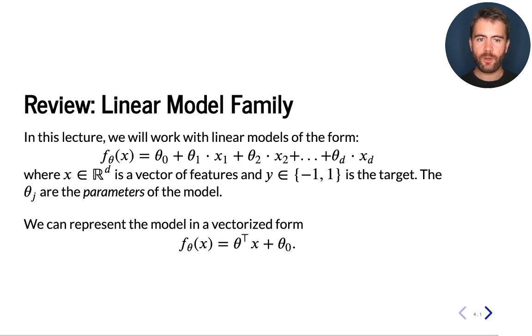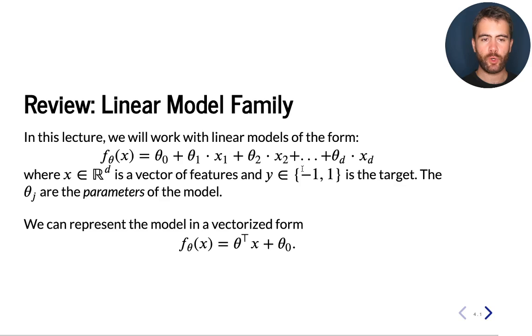The class of models that we will consider are going to be linear models. We will later talk about how we can extend them and make these models nonlinear, but for the purposes of this lecture and the next lecture, we will consider model classes that have the following form. So they are linear in both the parameters theta and the input attributes x.